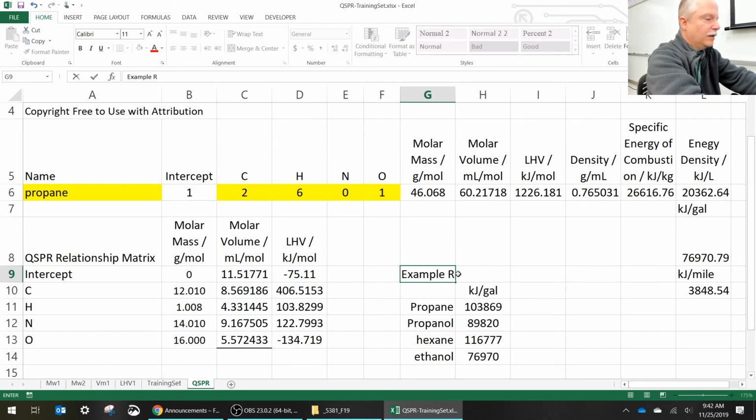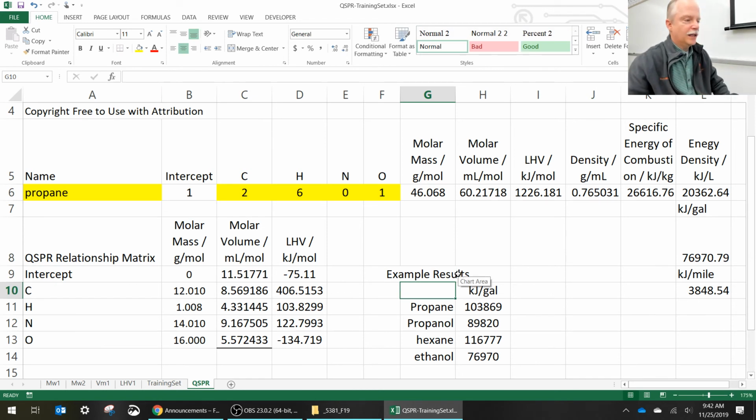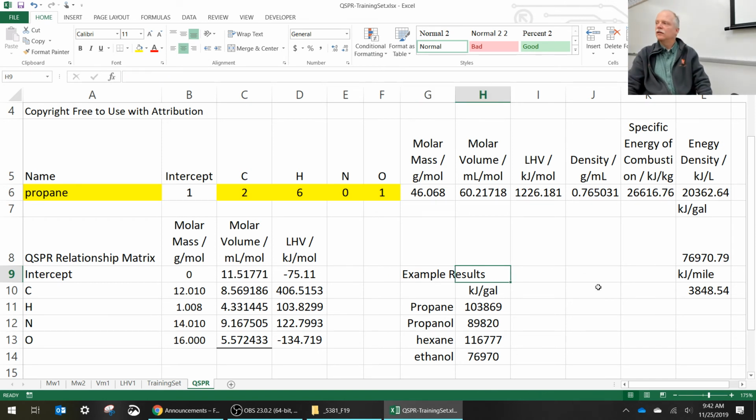Example results, how about that? That way I can say, if I type in those compounds, I should get those numbers. Now that's no longer a random table. It's a useful thing. I can practice with this and do some calculations and see if they match what the example calculations were.